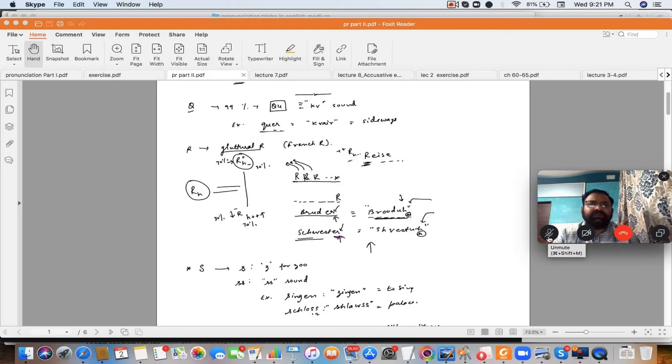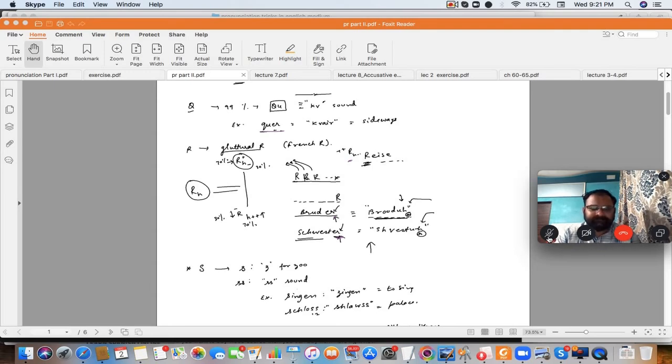Curve. Square. Yes. R means broader. Sweater. Zingen.